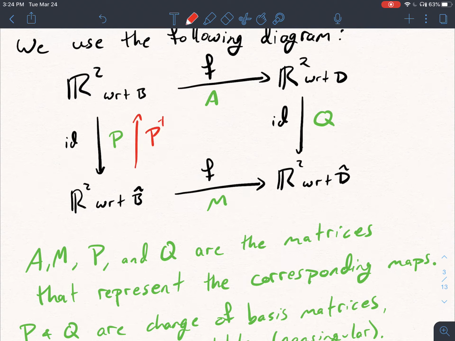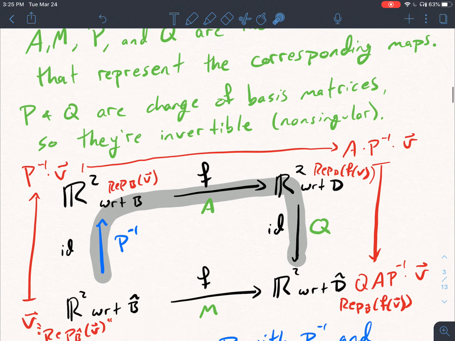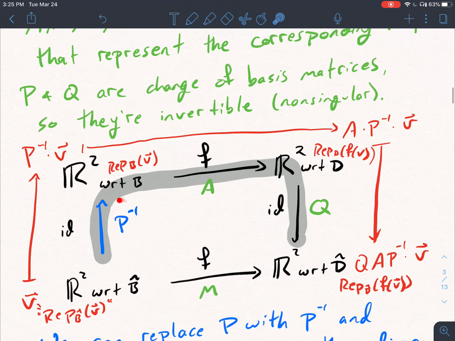To summarize: if P represents the identity with respect to B and B hat, then P inverse represents the identity map with respect to B hat and B. So P changes bases from B to B hat, P inverse changes from B hat to B. Anyway, I am just going to write P inverse here, and just reverse the arrow going upwards.